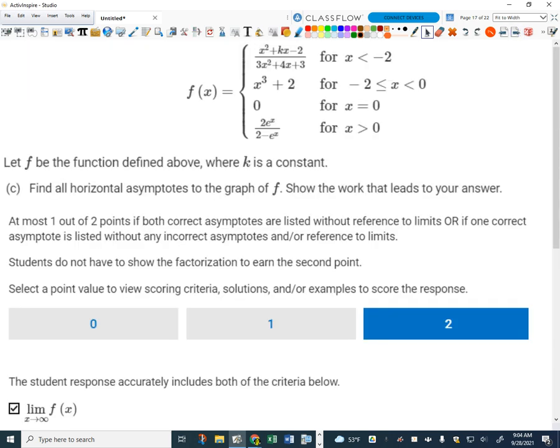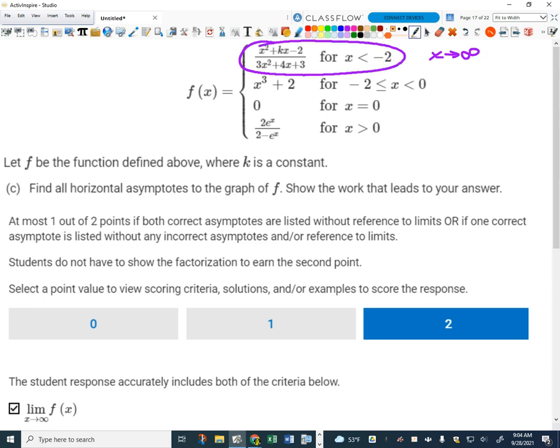Find all horizontal asymptotes of the graph. Okay, so when we're doing horizontal asymptotes, those are always what kind of limits? Infinity or negative infinity, right? So here we're going to have to take the limit of this function as x approaches positive infinity. We're going to be in the purple piece, right?